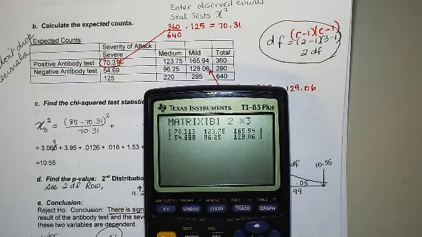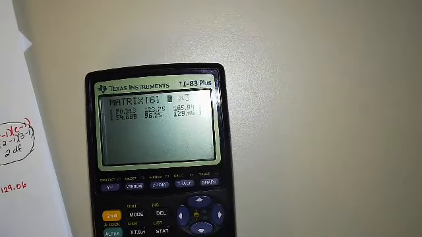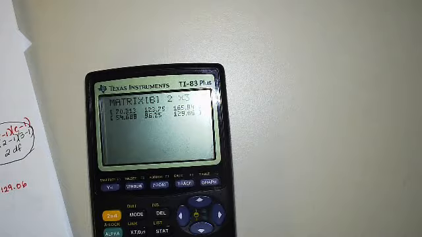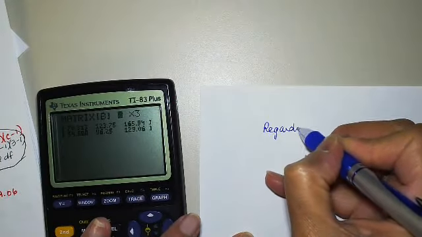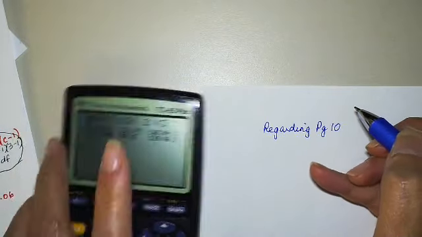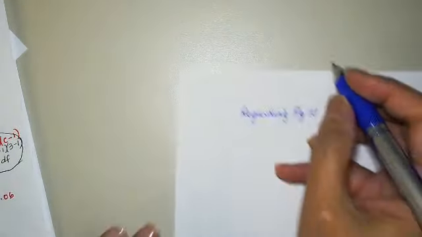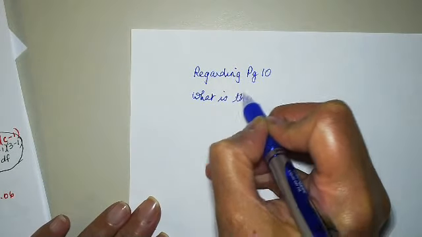Look, 70.31, 123.75, and so forth. So if I said to you, what is the contribution to the chi-square test statistic from cell 2, 2? You can expect a problem like that on your test.